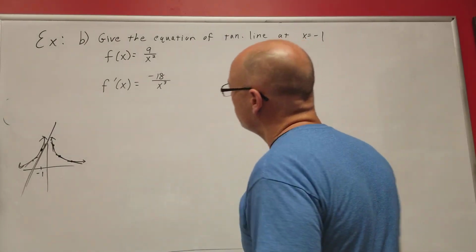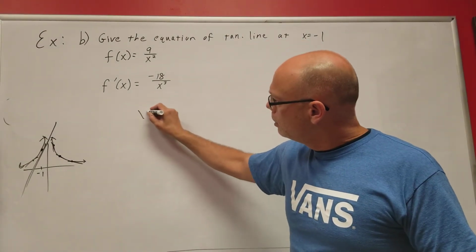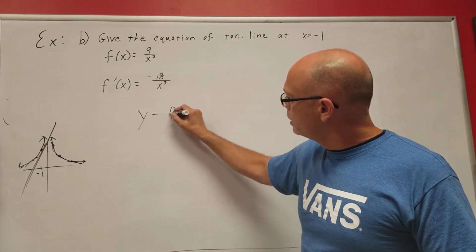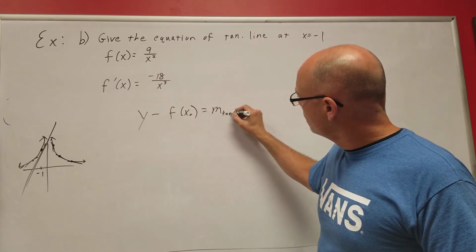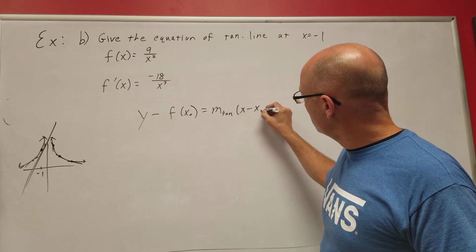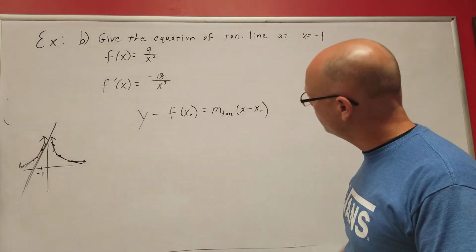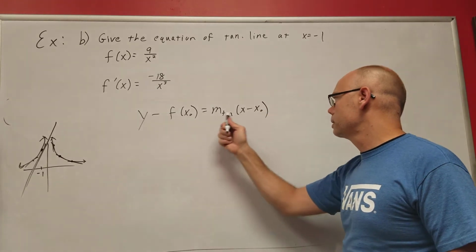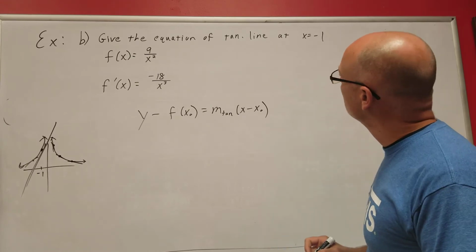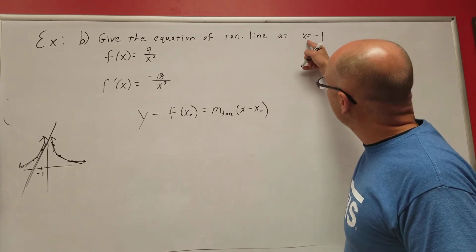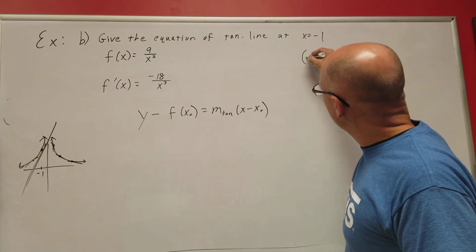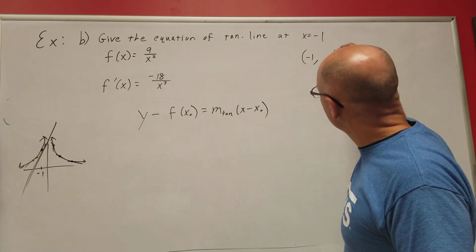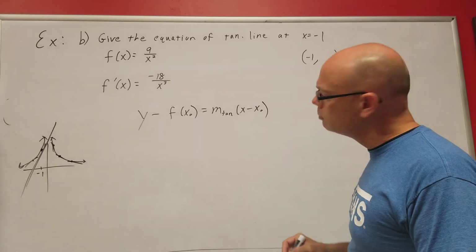How do I find the equation of a tangent line? Remember we said it's y minus f of x naught is equal to m tan times x minus x naught, right? And we filled in for this, this, and this. Well, what did they give me right here? They give me an x value, so I have an x value in an ordered pair, and I need a y value.